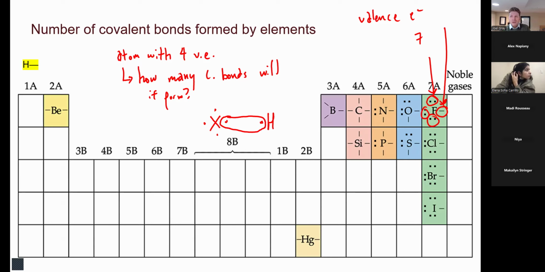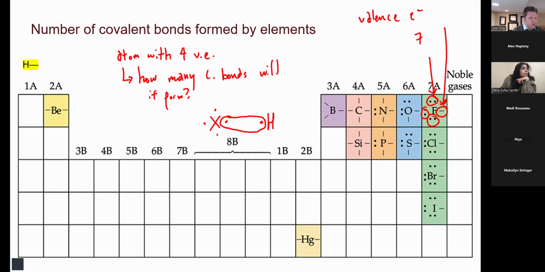And hydrogen's going to say, well, I don't need 8 valence electrons around me, but I do need 2. So in this situation, is hydrogen getting what it wants? Y or N to the chat? It is. Okay. Is X getting what it wants from this interaction? It's getting there.